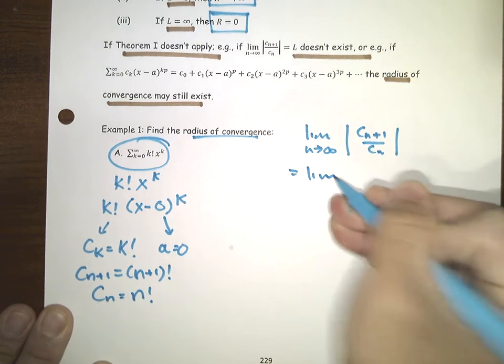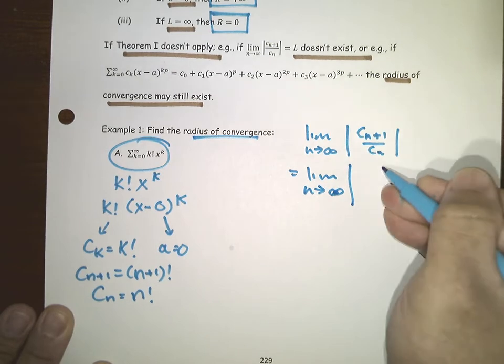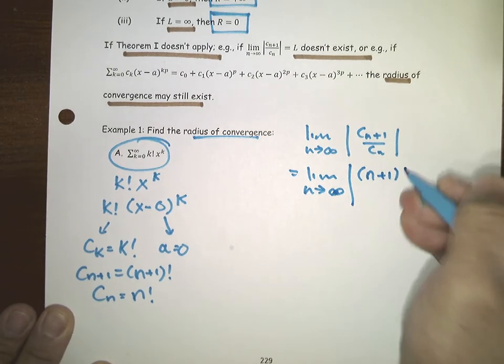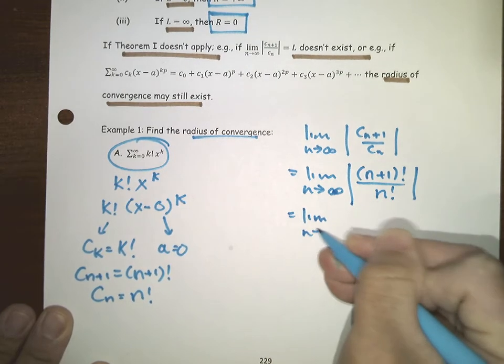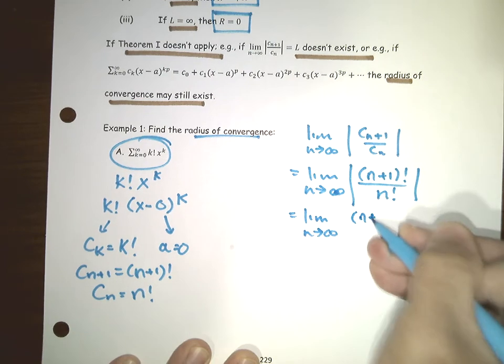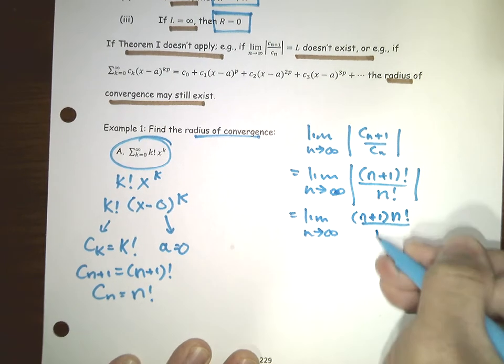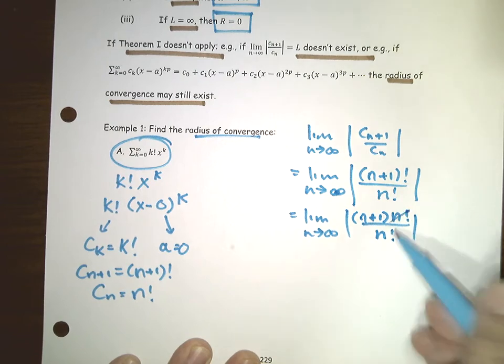So this limit is the limit as n goes to infinity of the absolute value of n plus 1 factorial over n factorial. So it's the limit as n goes to infinity of n plus 1 times n factorial over n factorial. So the n factorials divide out.